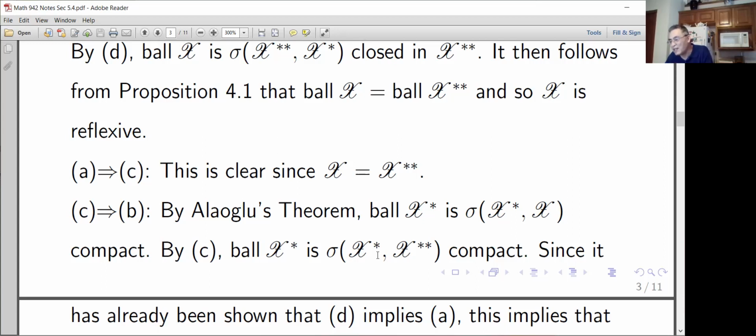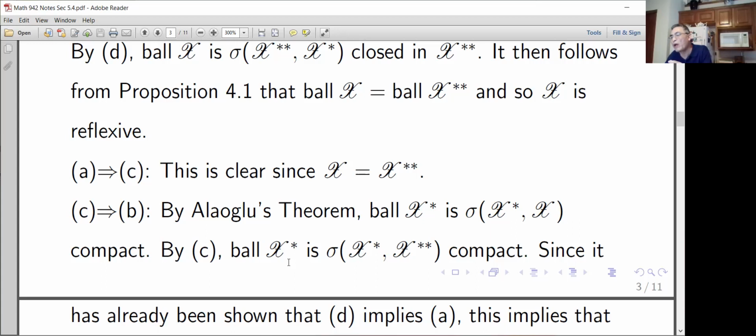This just says that ball X star is weakly compact, because this is the dual of X star. This means X star is weakly compact. Since it has already been shown that D implies A, which means if a space is weakly compact, then it is reflexive.